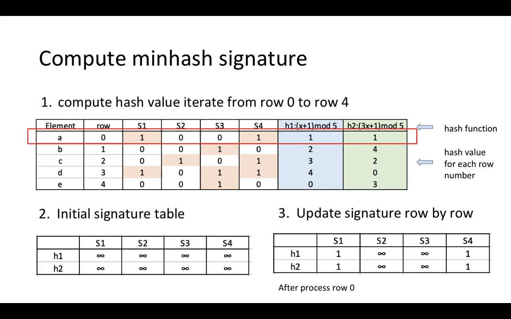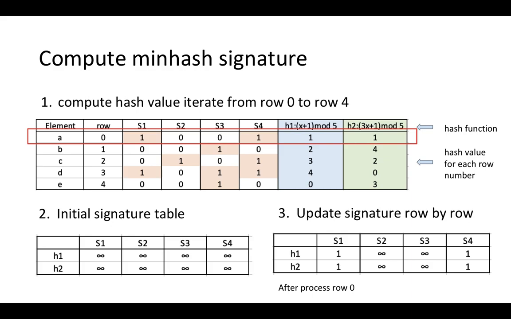For example, we have 4 sites in the representation matrix. Then we randomly choose two hash functions h1 and h2, where x is the row index. We first compute the hash values from row 0 to row 4. Then we initialize the signature table, where all signature values are infinity.